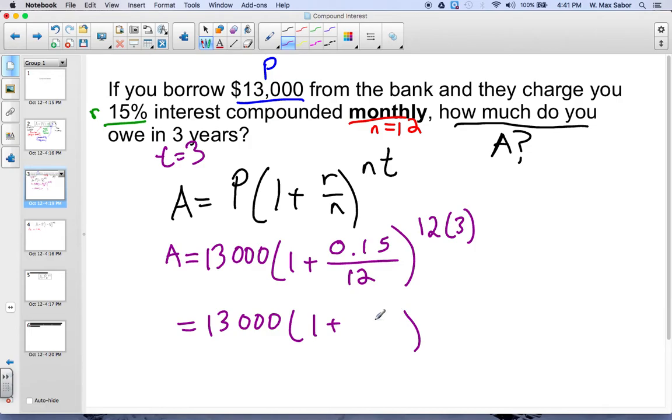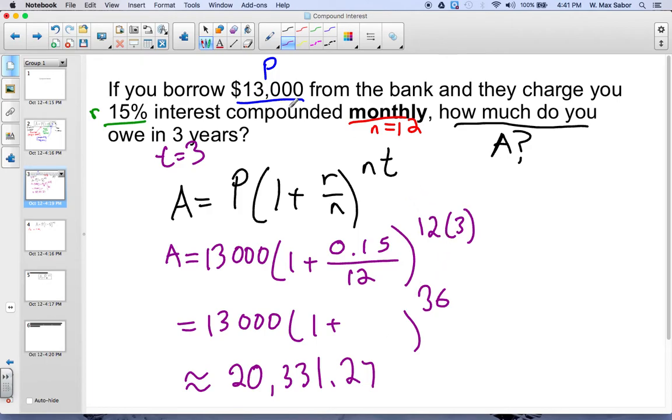But because we're going to be raising something to the 36th power, this is definitely something that you want to use a calculator for. And when I typed it into a calculator, I got $20,331.27. That is approximately how much you owe in 3 years.